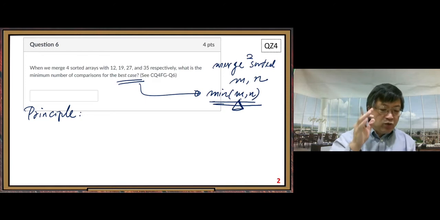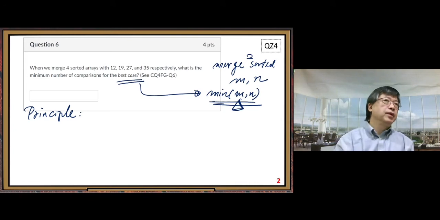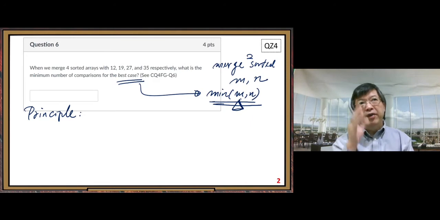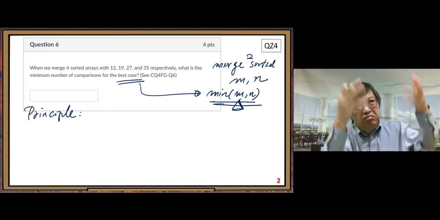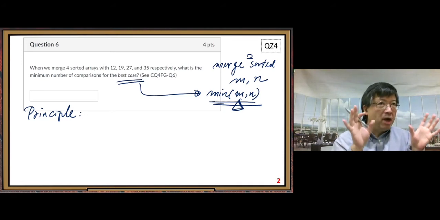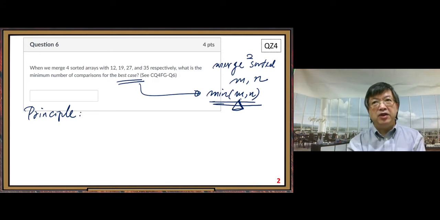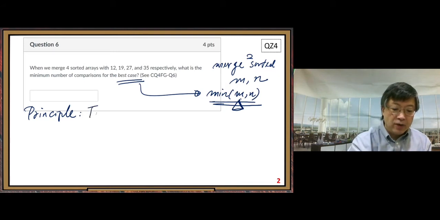In other words, we should take advantage of small arrays, the arrays with small sizes. Those arrays we should use more, to try to get the smallest possible answer.